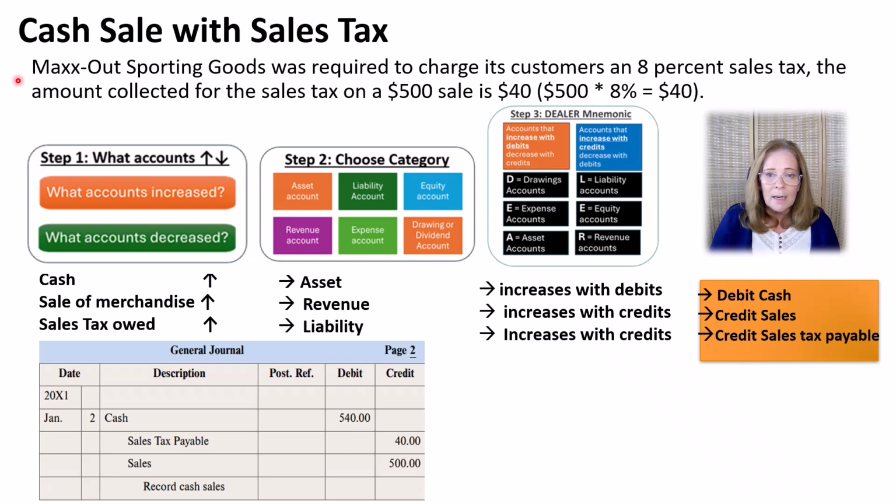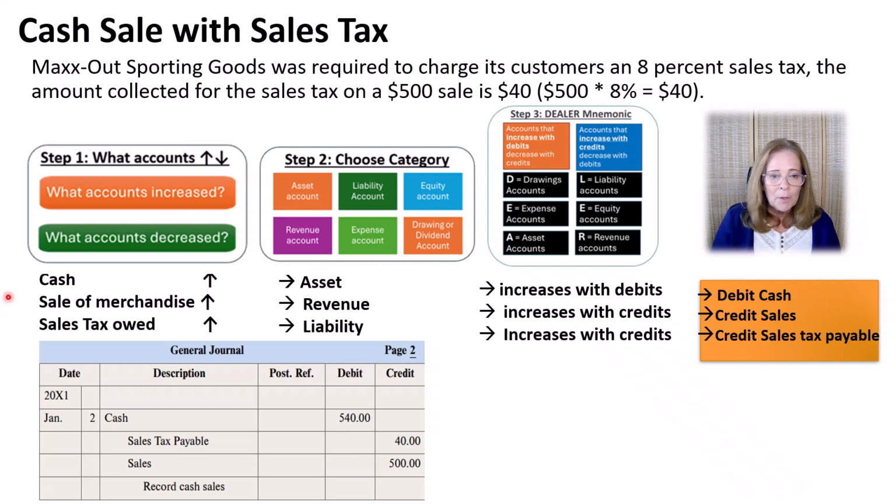So let's look at this transaction where Max Out Sporting Goods was required to charge its customers an 8% sales tax. The amount collected for the sales tax on a $500 sale for cash is $40, which is calculated by multiplying $500 times 8%.